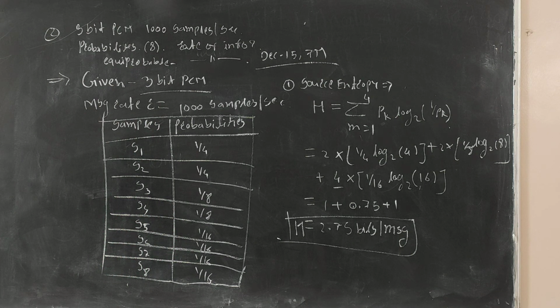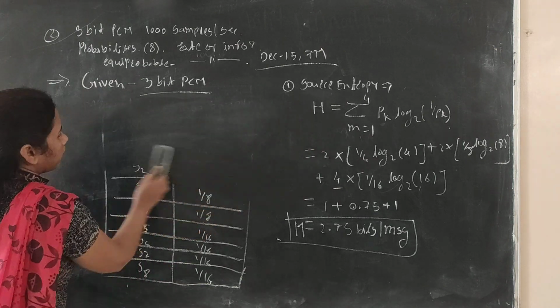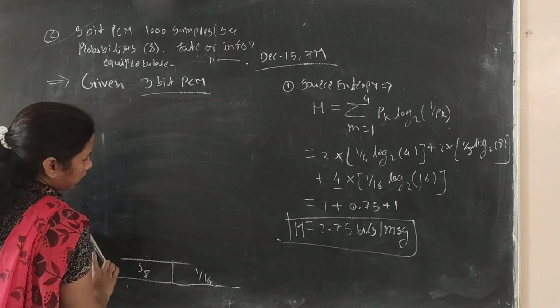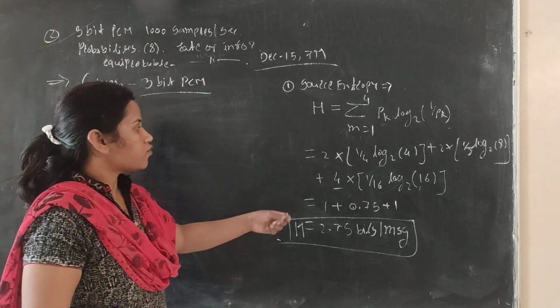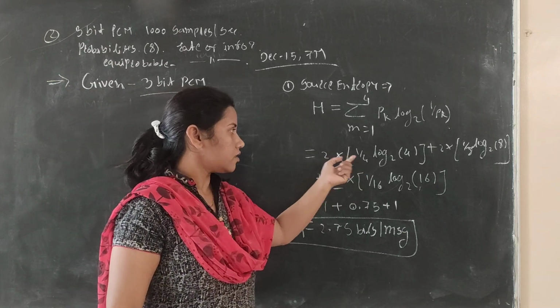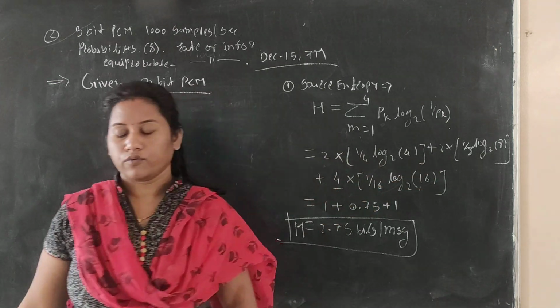Next we have to calculate the information rate. As we know, we have the 8 samples, with 1 by 4 in 2 quantities, 1 by 8 in 2 quantities, and 1 by 16 in 4 quantities.